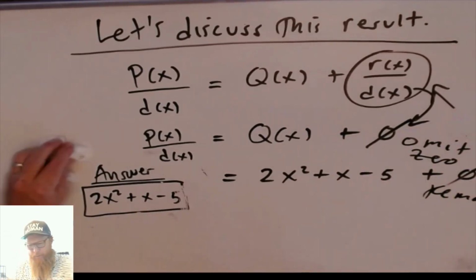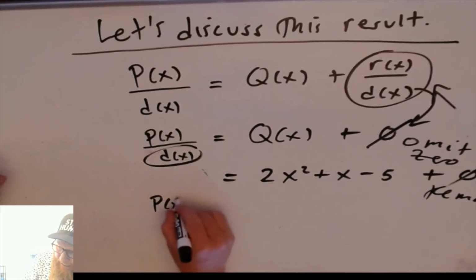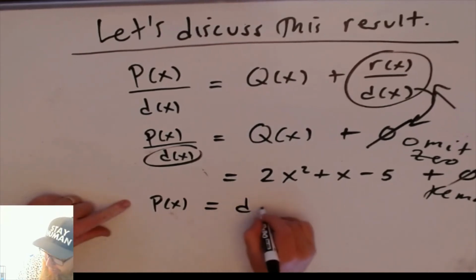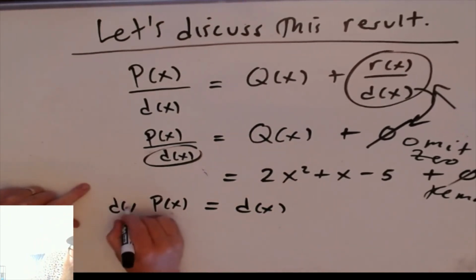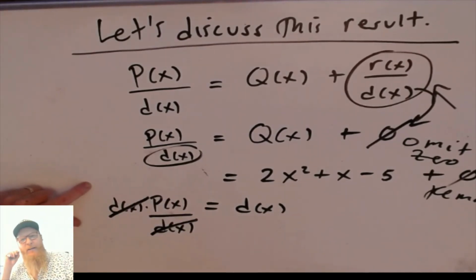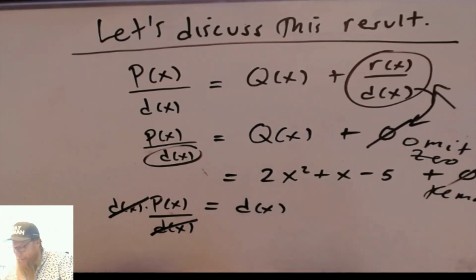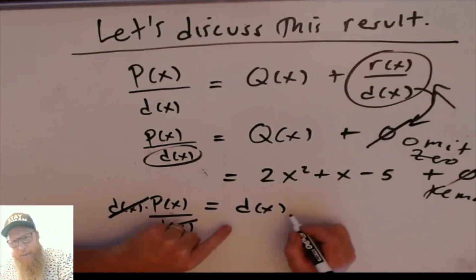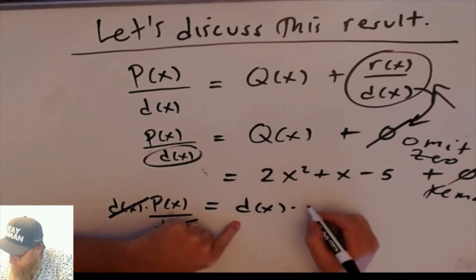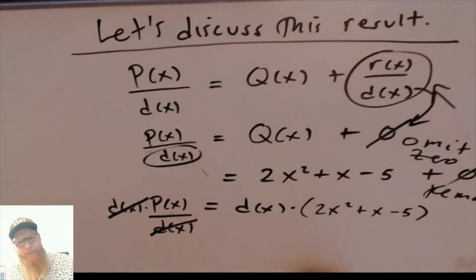All right, now I can erase this. I don't need it anymore. So basically now I have P of x divided by D of x equals the quotient, because I can just multiply both sides by D of x. And that gets the denominator out in front. And that would be the denominator times the quotient, 2x squared plus x minus 5.